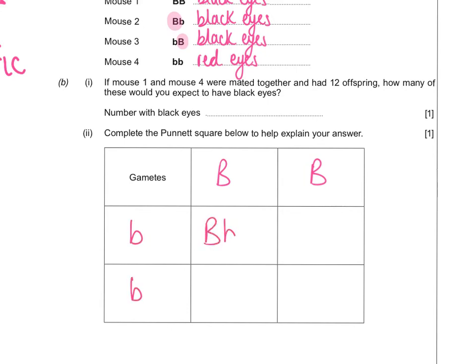So I'm going to produce my Punnett square. And it says, of the 12 offspring, how many would have black eyes? Well, they'd all have black eyes because they all contain at least one dominant allele. So if there is 12, all 12 would have black eyes.